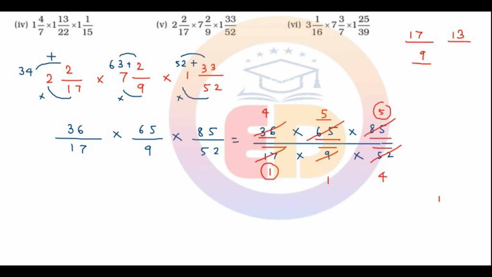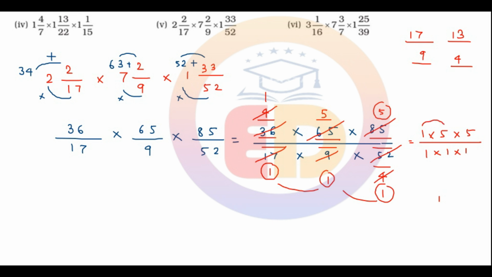Now in the numerator I have 4, denominator I have 4. They both will be divisible by 4. Let's divide them by 4, as 4 ones are 4. So now my numerator is 1 into 5 into 5, and denominator is 1 into 1 into 1.